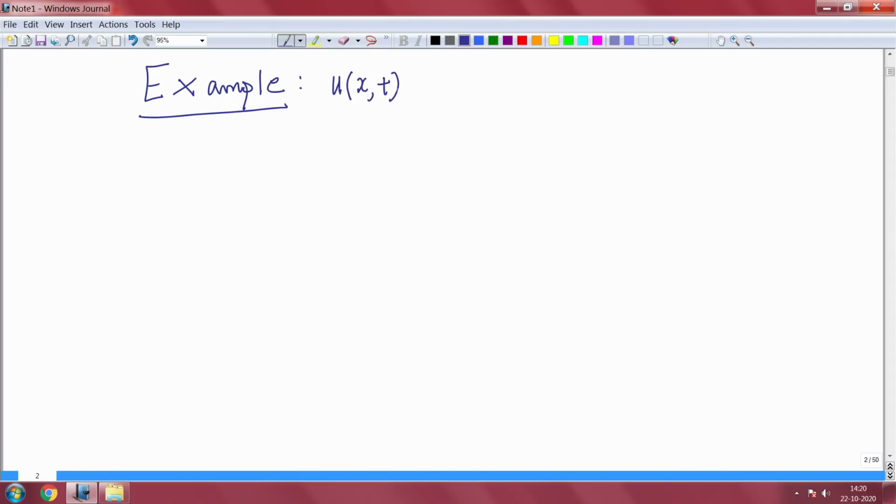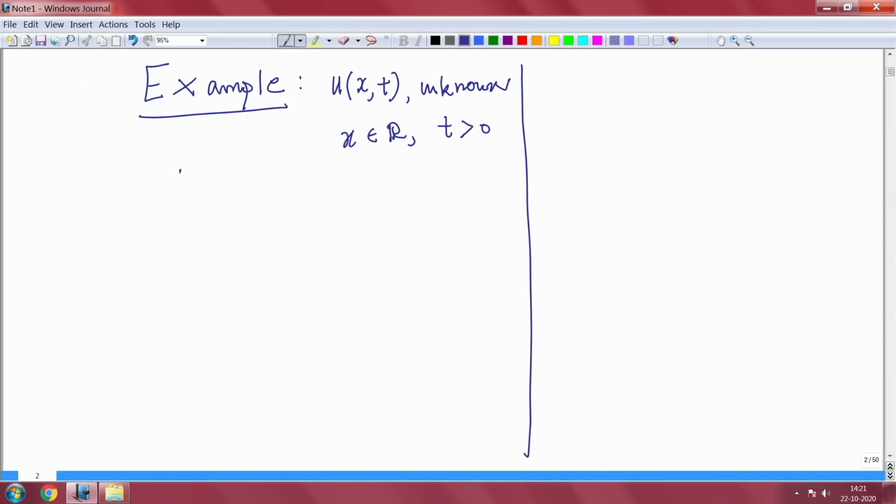The reason for using t is that t is something like a time variable. This is only for this example; later we will come back to the notation u of x, y. So, here u of x, t is your unknown, with x in R and t positive. So, we are doing it in the upper half plane.